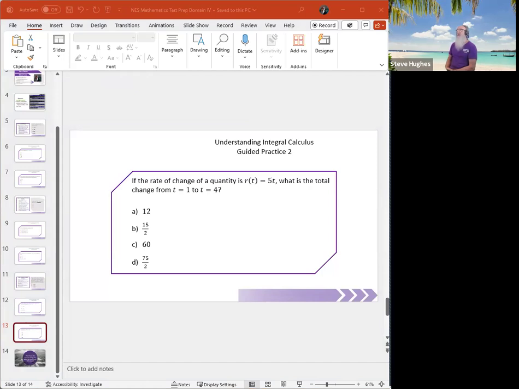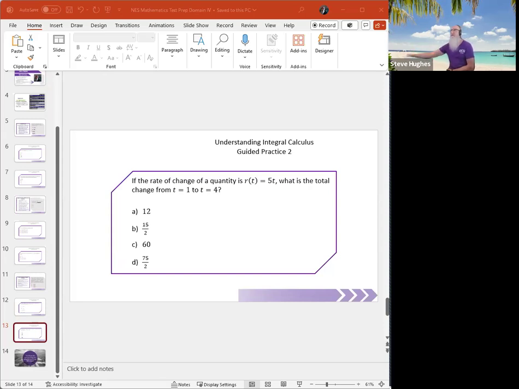Everybody, I'm going to give you the pro tip for the test. Okay, here it is. Rate of change is the derivative. That's what they gave us. The total change is an accumulation. That's the integral. Okay, therefore, we want to know, what is the antiderivative of that function given to us.